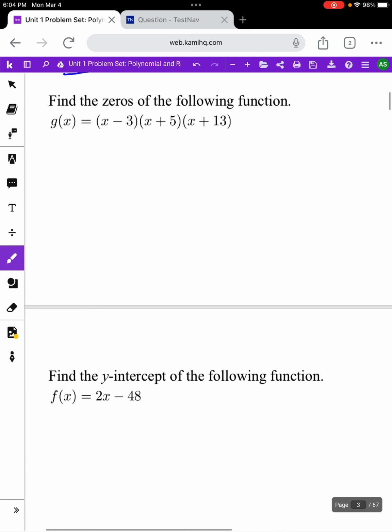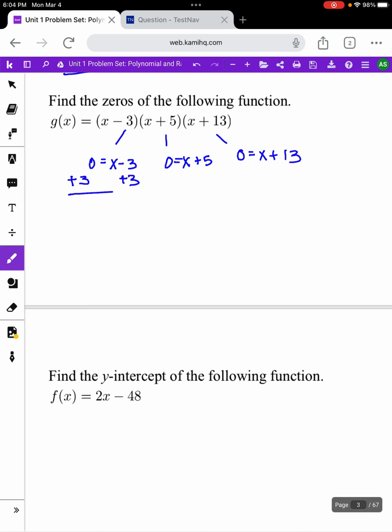Find the zeros of the following function. So we set each of those parts equal to 0. So we have 0 equals x minus 3, 0 equals x plus 5, and 0 equals x plus 13. Add 3. X equals 3. I just flipped it around. I like my x on the other side. Minus 5.